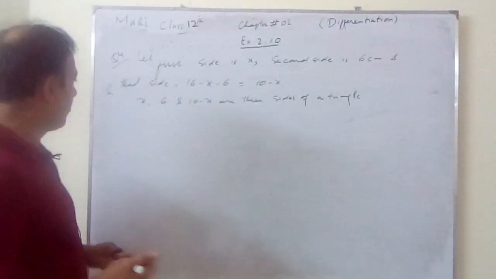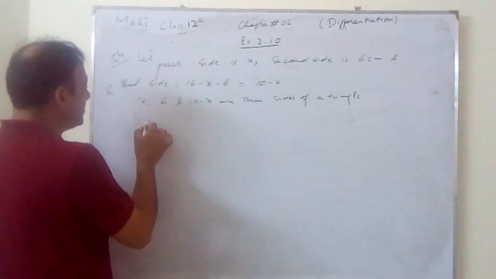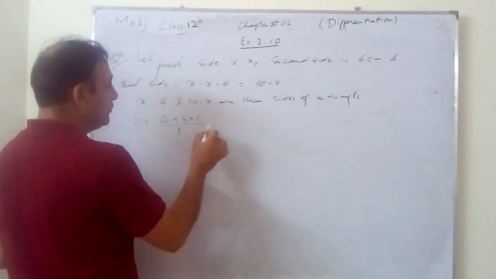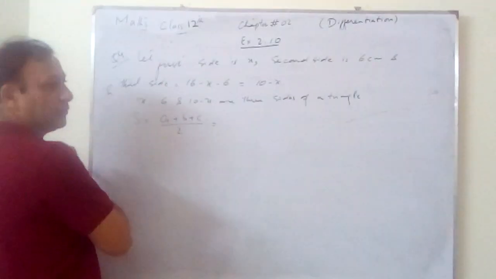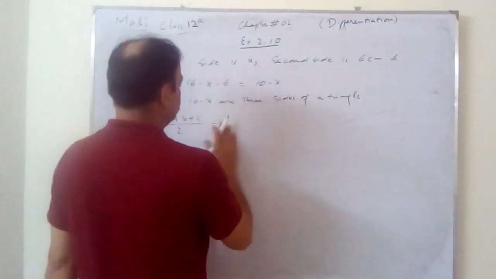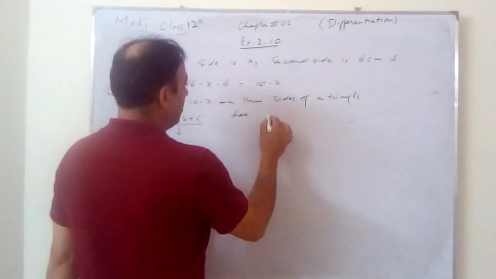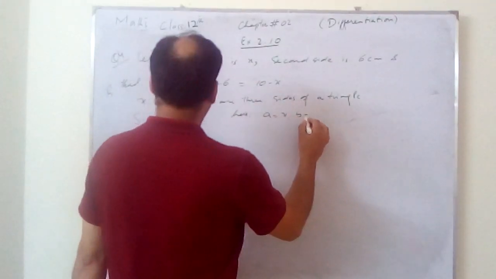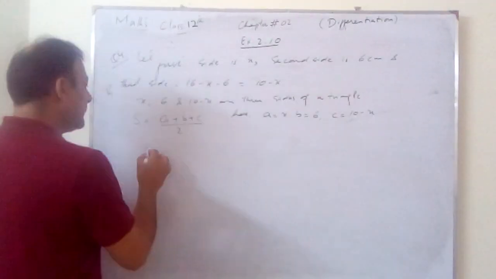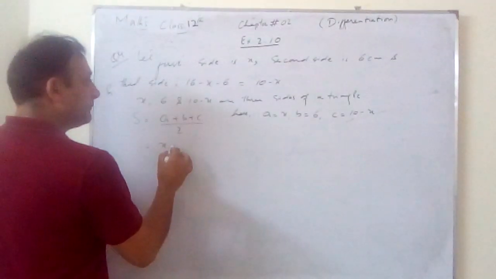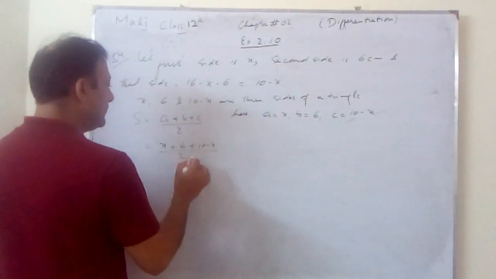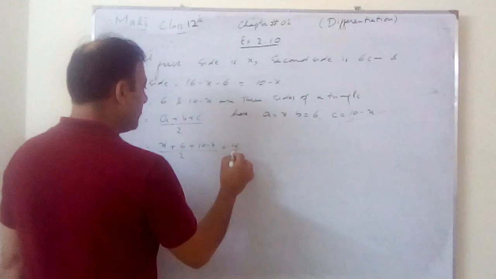First of all, we must know s. s is equal to a plus b plus c divided by 2, where a is equal to x, b is equal to 6 and c is equal to 10 minus x. So putting here x plus 6 plus 10 minus x divided by 2, that is 16 by 2, which is 8.